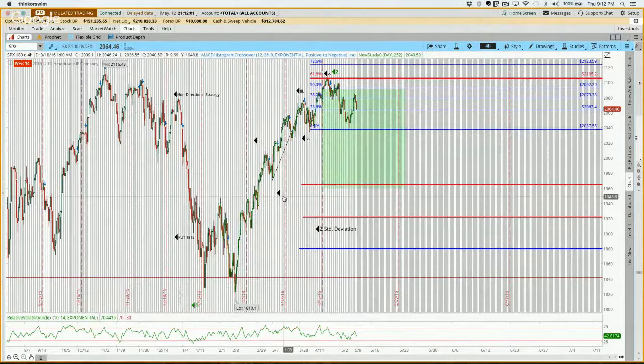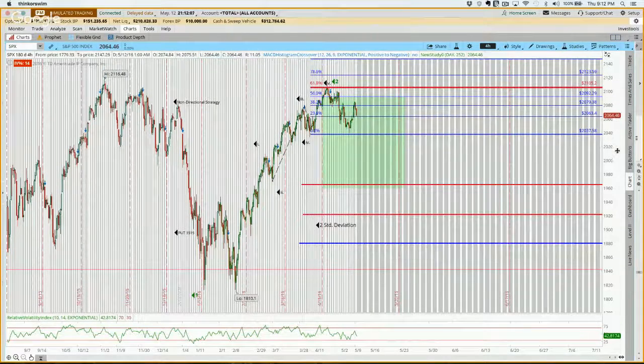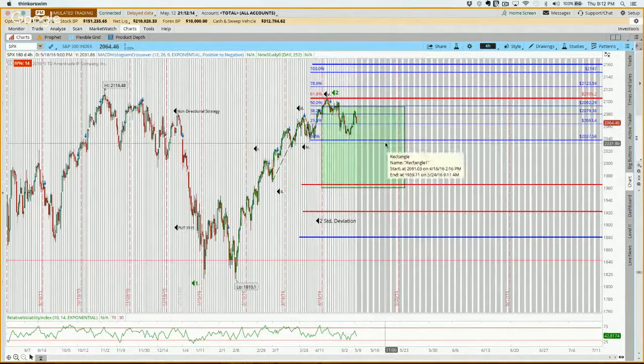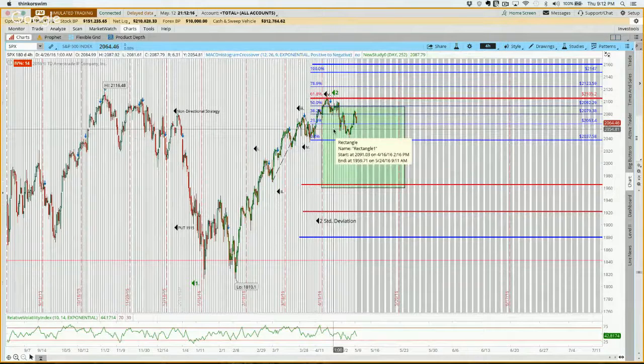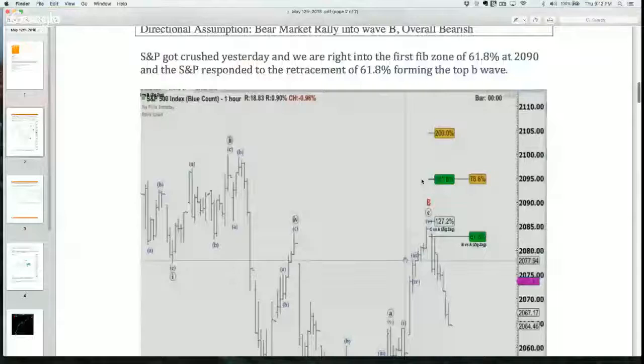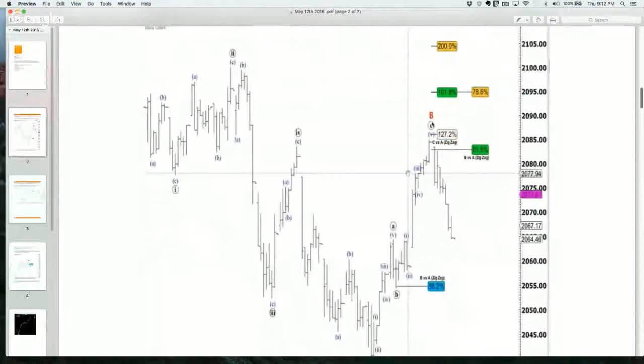So we had wave 1, wave 2, wave 3, wave 4, and then 5. Turning point was 61.8. Okay, that forms wave 5's top. And that's how we capitalize on the S&P drop. That was April 21st. Okay. And let me show you how to capitalize on the latest wave count B.